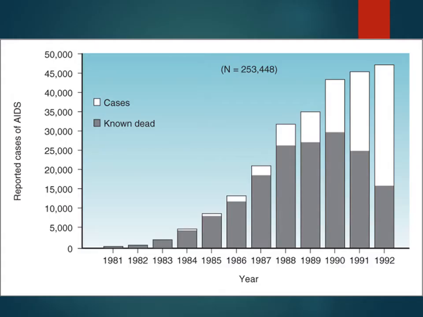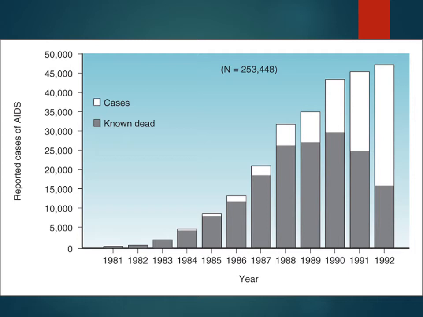Essentially, we're going to see the new incident cases of AIDS that are diagnosed every year during this time frame. In 1981, we did not have very many cases because it was a very new disease state. We were just starting to find people. As we get better at diagnosing it, you see that the incident cases are increasing.